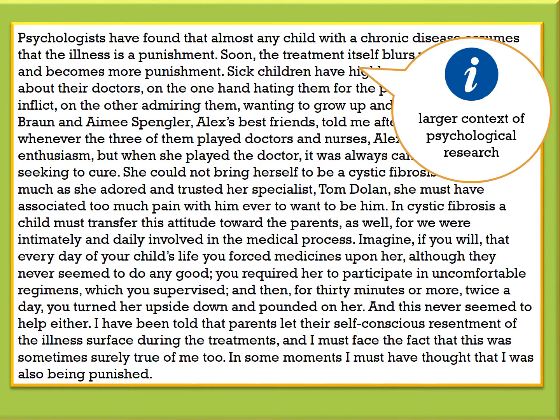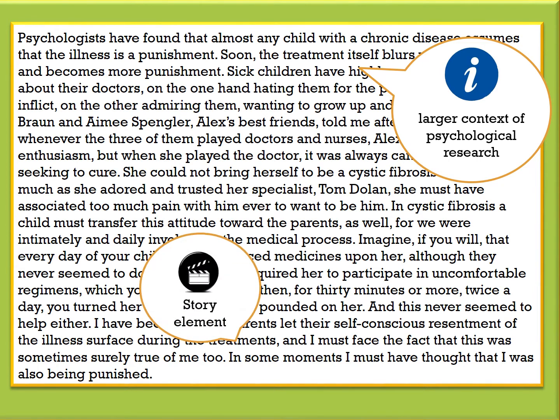Okay, and he explains this. So he's giving us this large lens of not just CF, children with CF, but how sickness and disease affects children in general. And then he goes back to Alex's story and gives us these very specific moments, details.